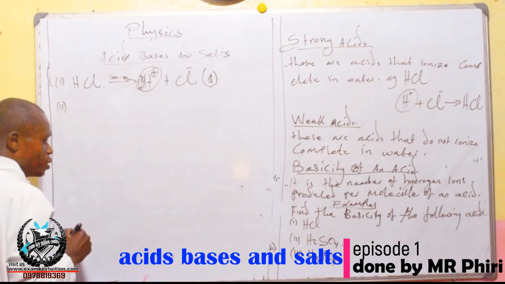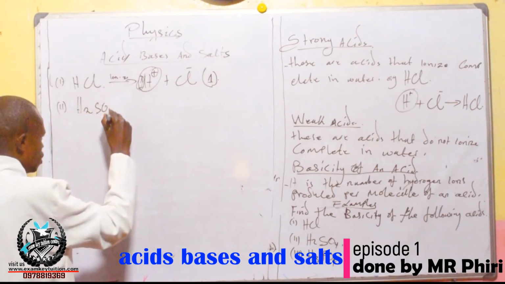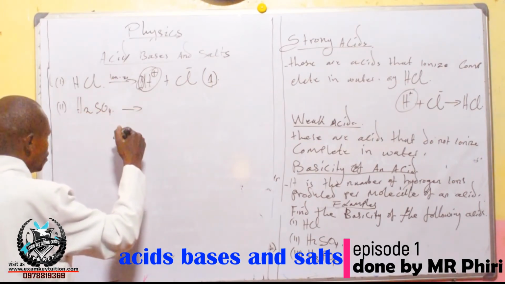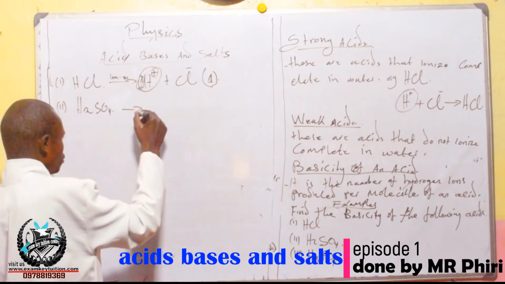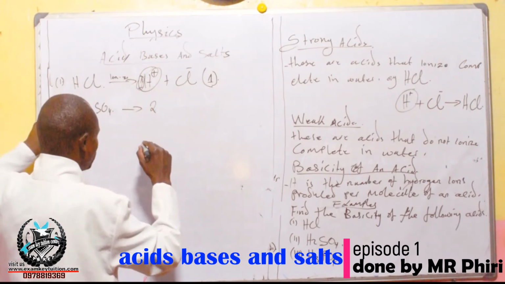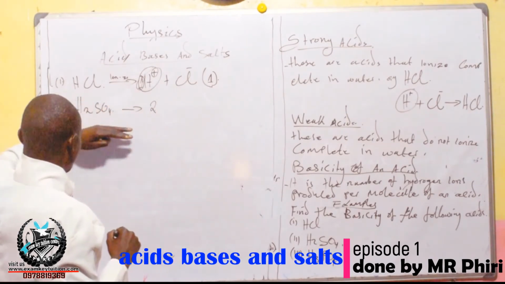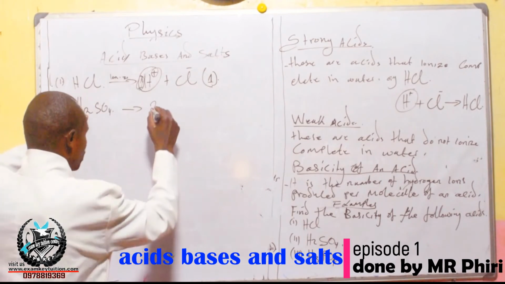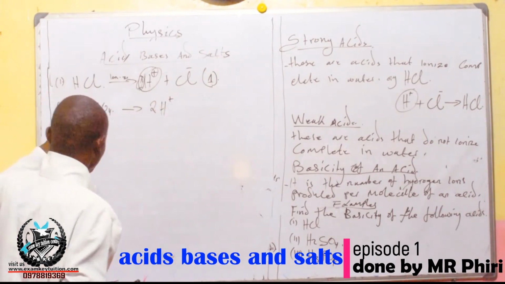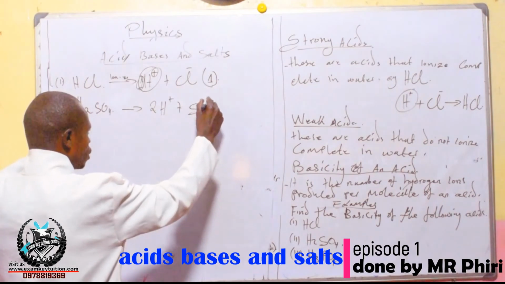Number 2, we have sulfuric acid. If it undergoes the same process of ionization, the ions produced will give us 2 hydrogen ions with a positive charge, plus a sulfate, which is a radical, so it will be negative.